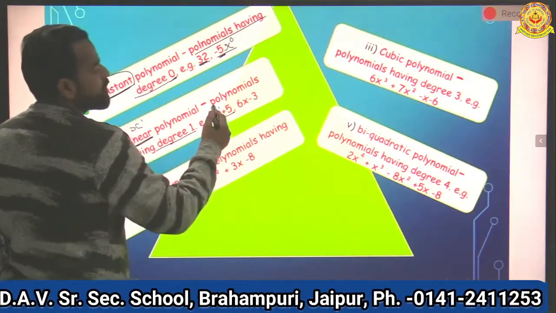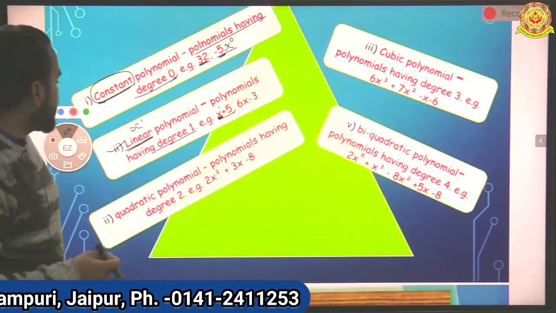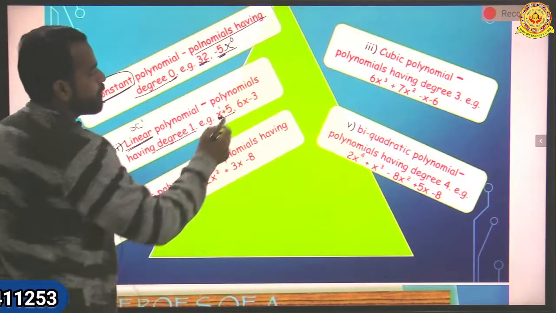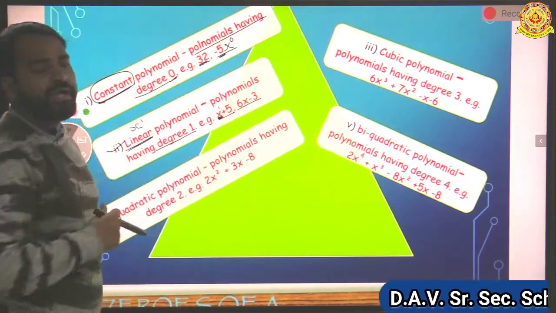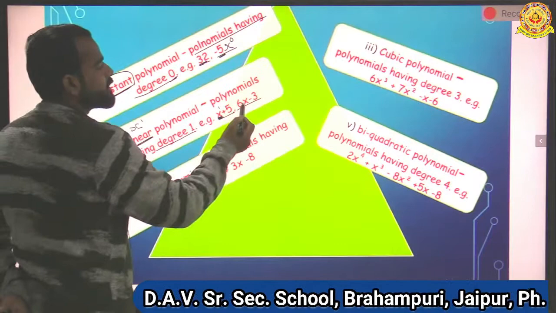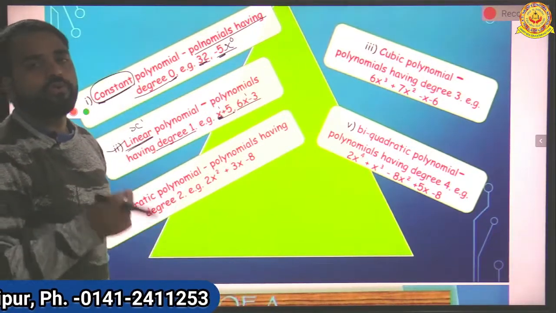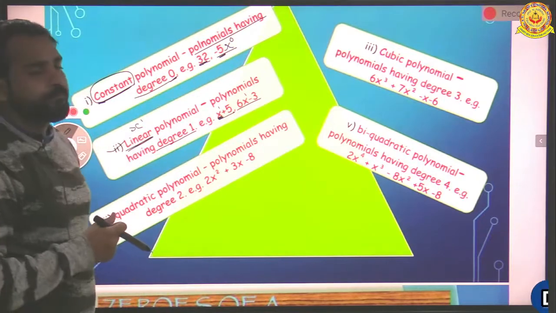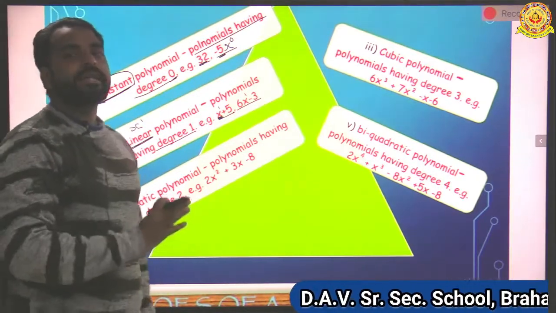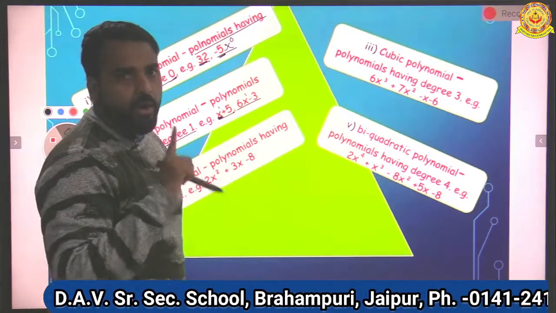So x raised to power 1 plus 5 is considered a linear polynomial. Similarly 6x minus 3, on the x there is no power, that means it is also 1, so it is also a linear polynomial. Is it clear? A linear polynomial has only power 1.